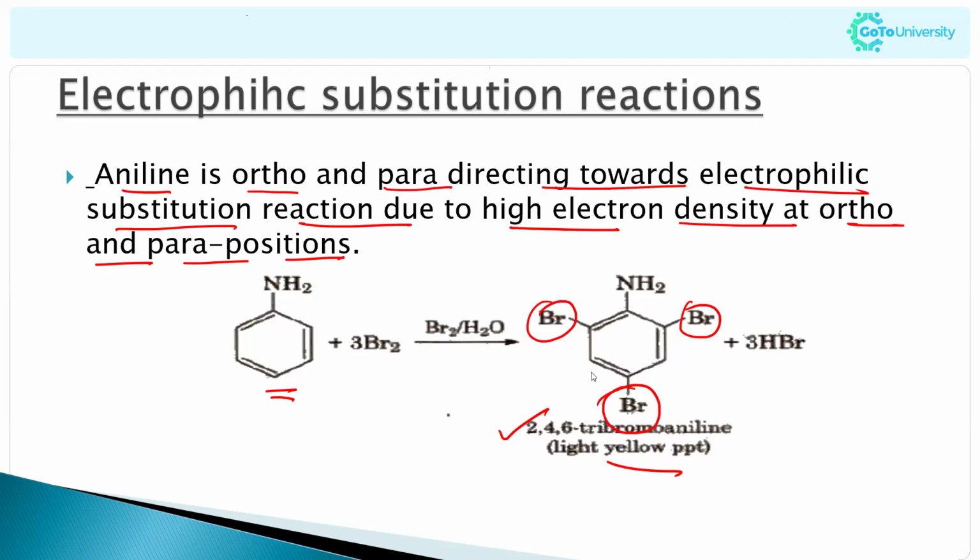So this is how we are producing 2,4,6 tribromoaniline.